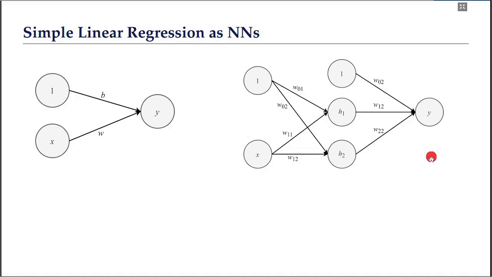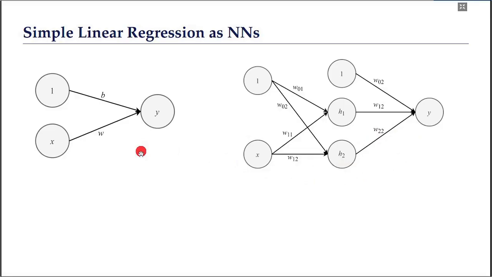Now here we have to keep in mind that, for example, H1 is obtained as 1 times W01 plus X times W11. Similarly, H2 is 1 times W02 plus X times W12. And the same is true here, Y equals 1 times W02 plus H1 times W12 plus H2 times W22.